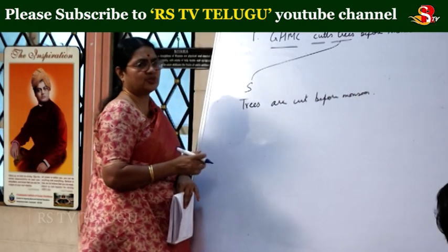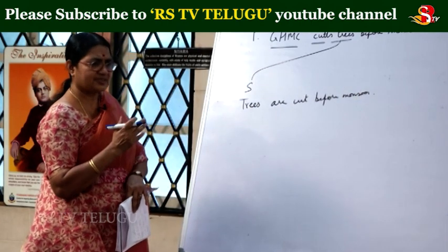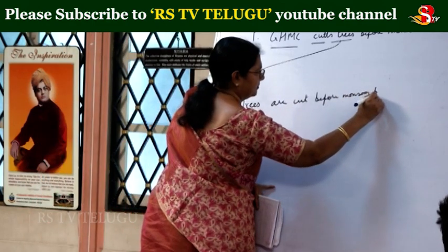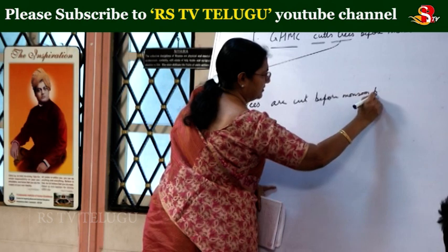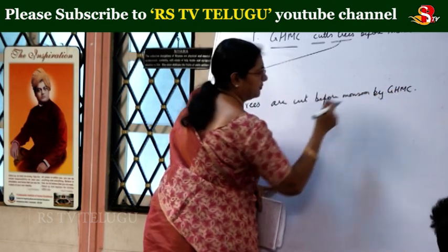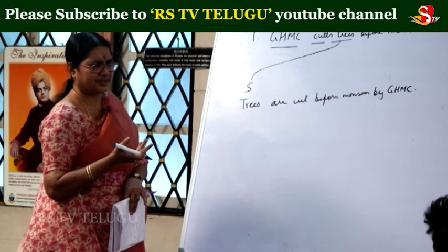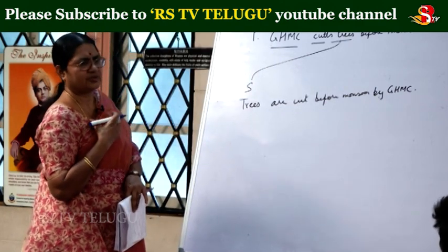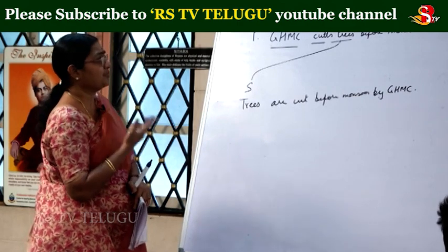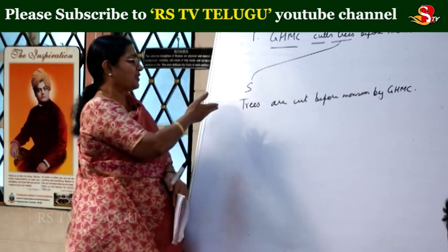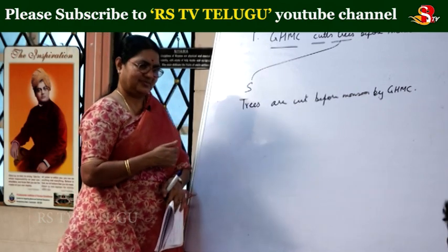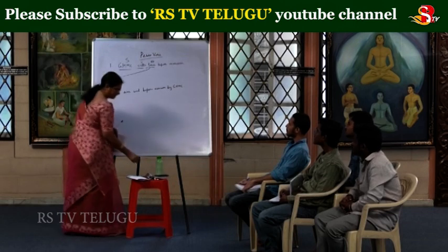If at all you want to mention who does the job, the agent, you can say by GHMC. That is not necessary actually, but if you want, you can have that. The very reason why we make it into passive is we don't need to know who the agent is. That's the reason why we are doing it.